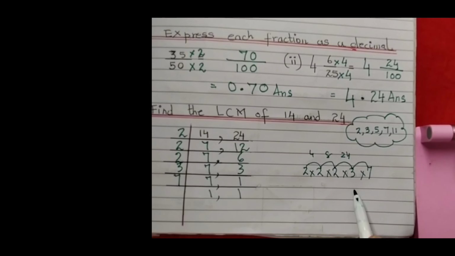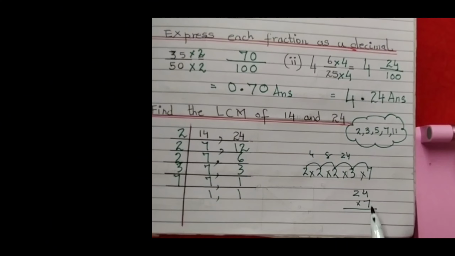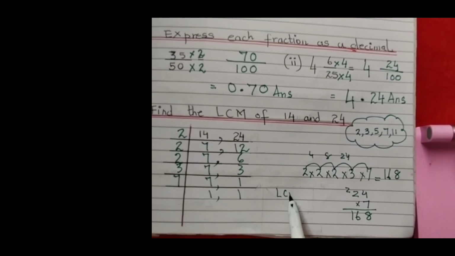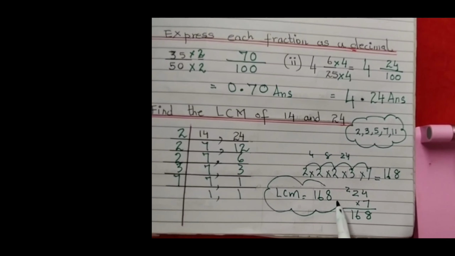So I will do my rough working here to know whether I'm doing it right or wrong. 24 7's are. 7 4's are 28. 2 goes up. 7 2's are 14, 15, 16. 168 is my LCM. LCM equals 168 is going to be my answer here.